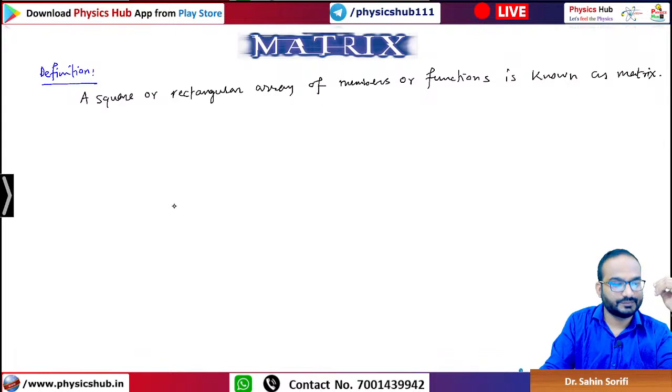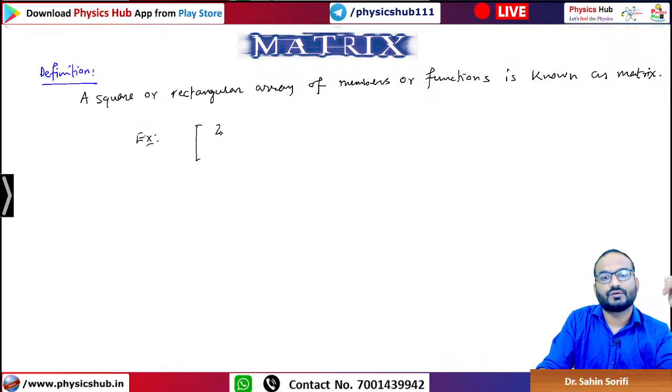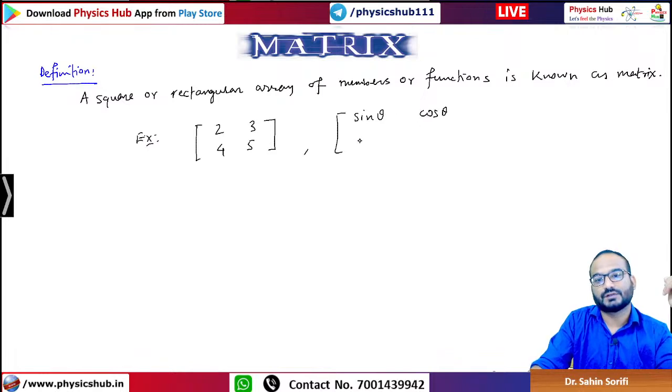So this is a very basic thing, okay. For example, you see 2, 3, 4, 5, it can contain numbers, it can contain functions, sin theta, cos theta, minus sin theta, cos theta, and anything it can be.